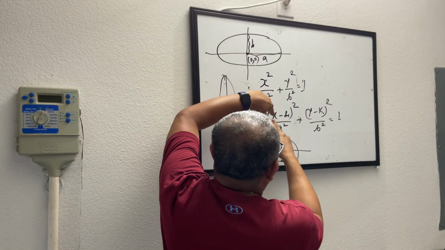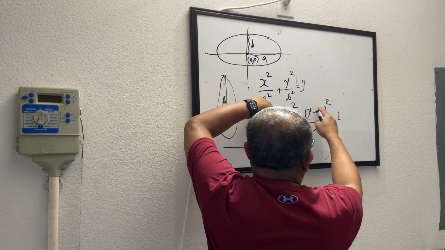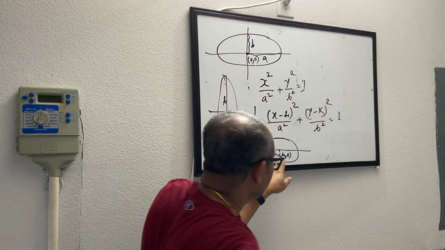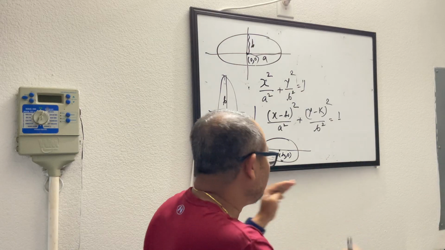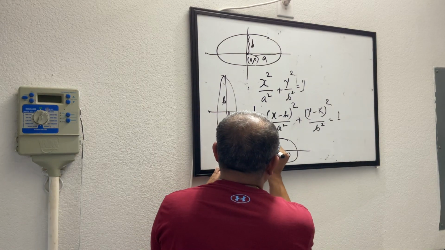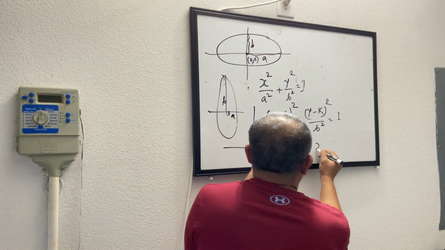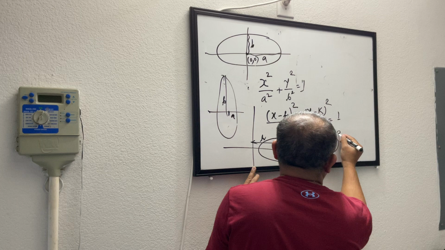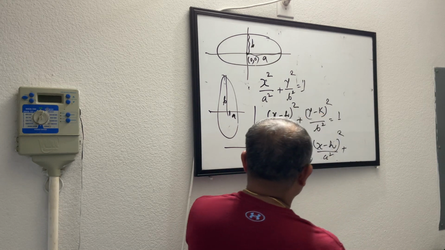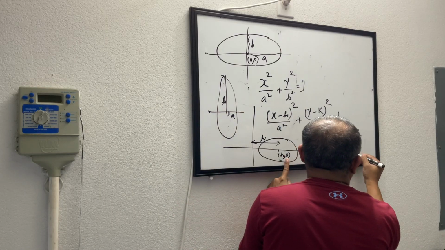So that's how it becomes (x minus 0) squared, that is x squared by a squared plus (y minus 0), that is y squared by b squared. Now here I have just shifted the ellipse from here to here by h points. So it became (x minus h) squared by a squared plus (y minus k) squared by b squared equal to 1. Here my k is 0, so y squared by b squared equal to 1.